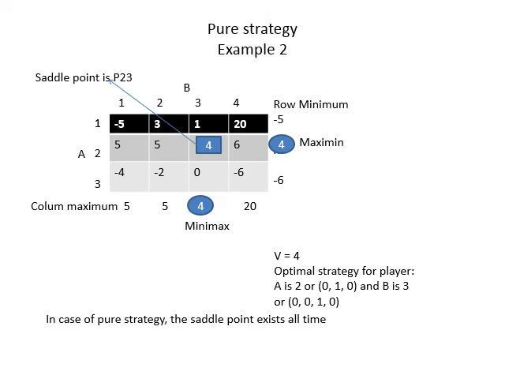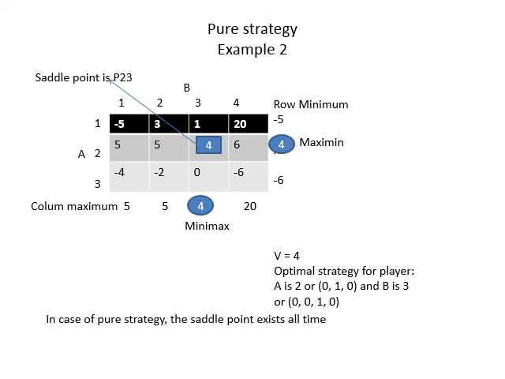The maximum value in column 2 also equals 5. The maximum value in column 3 equals 4. The maximum value in column 4 equals 20.